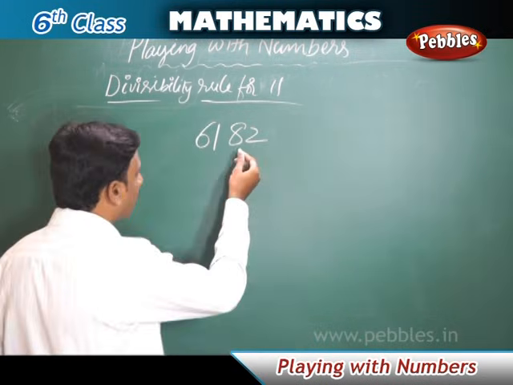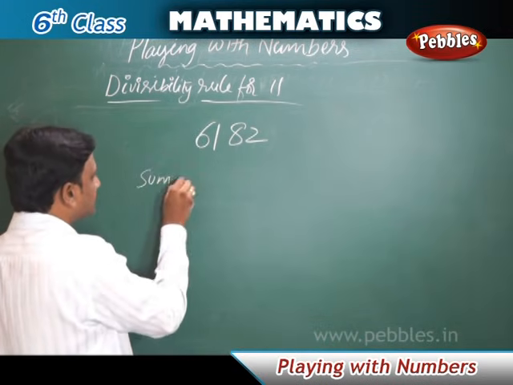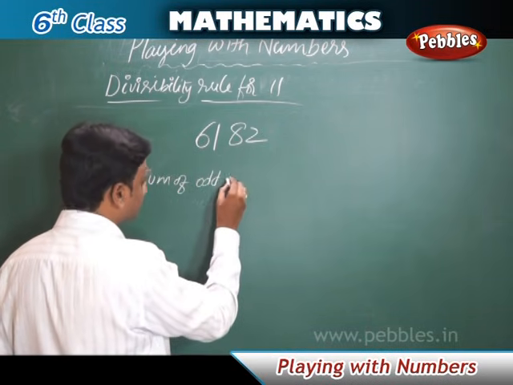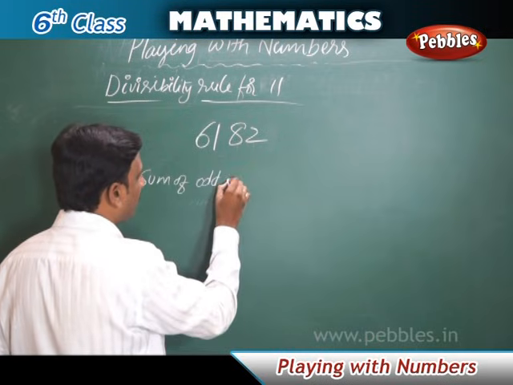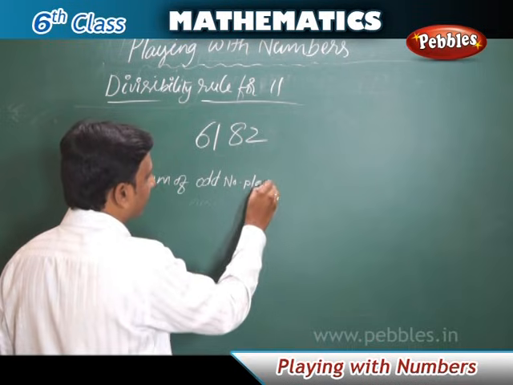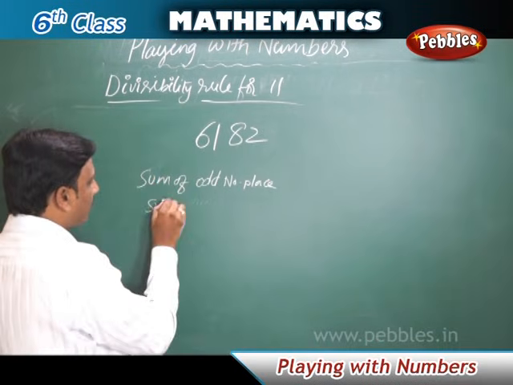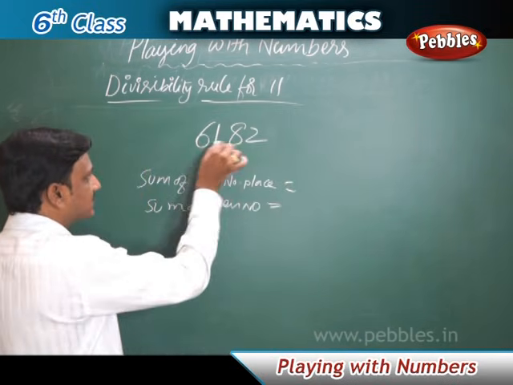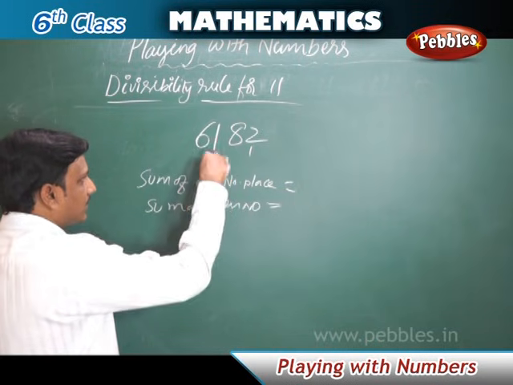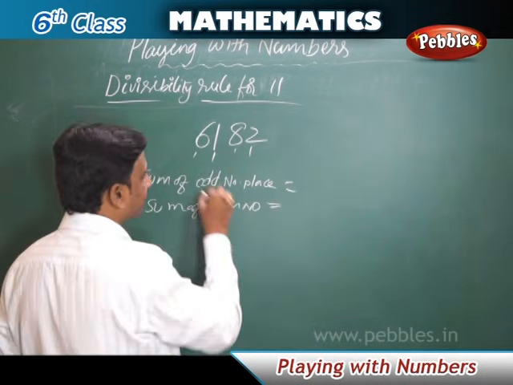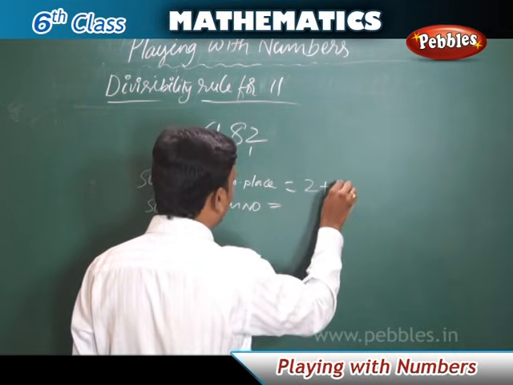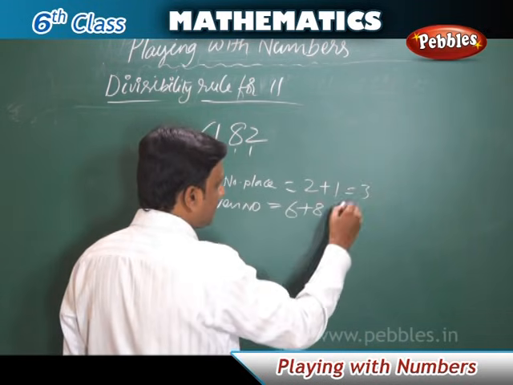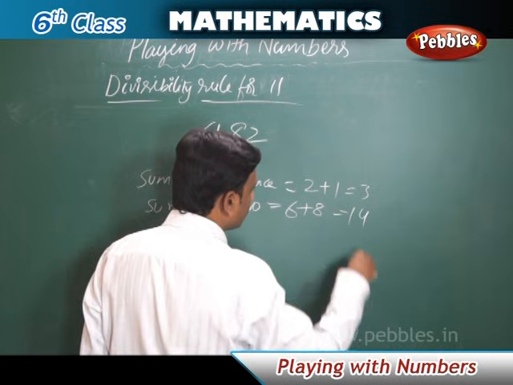The divisibility rule of 11 is the sum of the numbers in odd places and the sum of the numbers in even places. The sum of the odd place numbers here in the number, 2 plus 1, and the sum of the even place numbers, 6 plus 8. So this is 3 and this is 14.